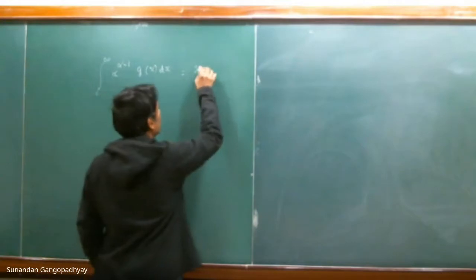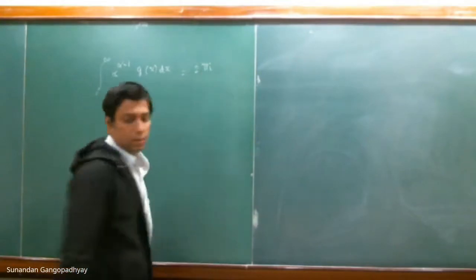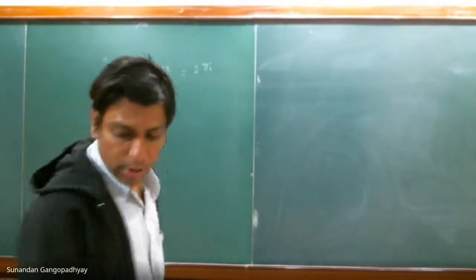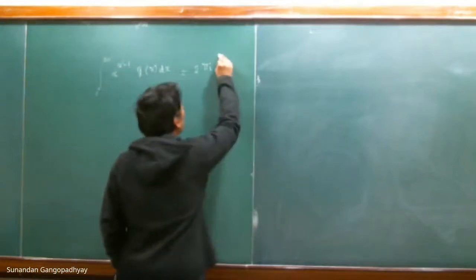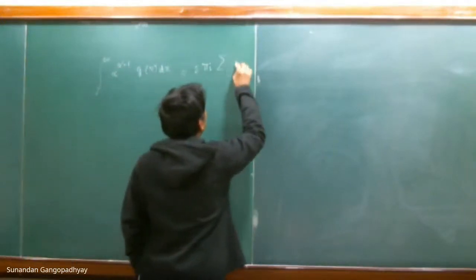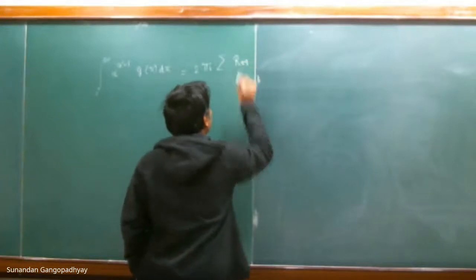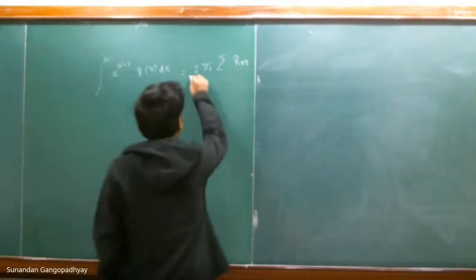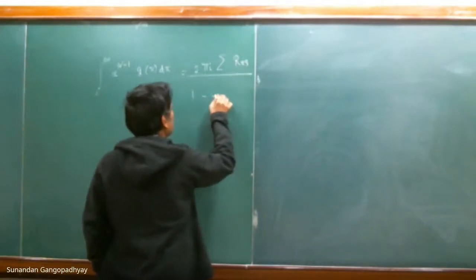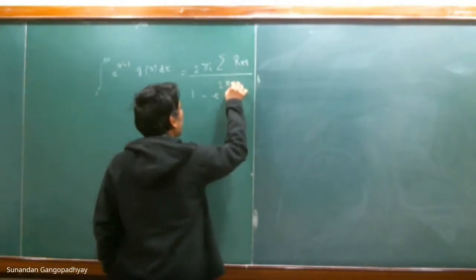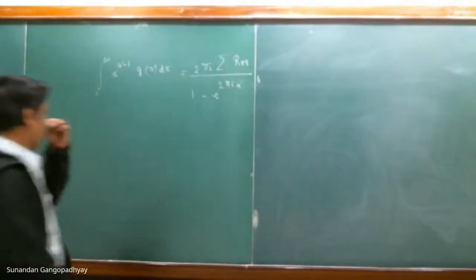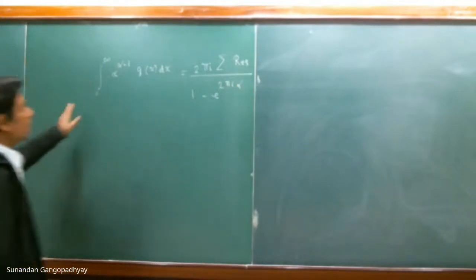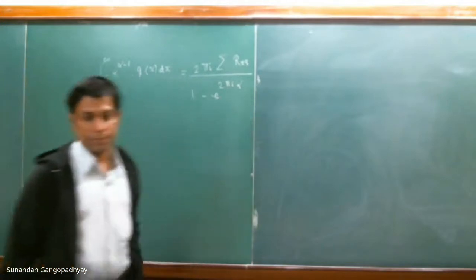The general result is the following: it is 2 pi i times the summation over residues, divided by 1 minus e to the power of 2 pi i alpha. So that is the general result for this integral.